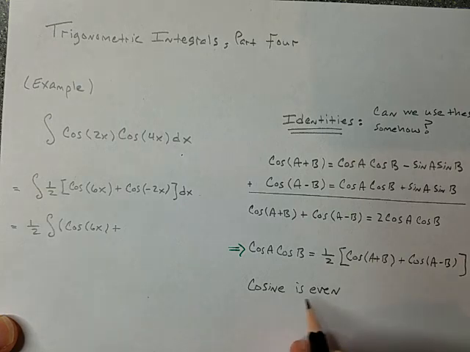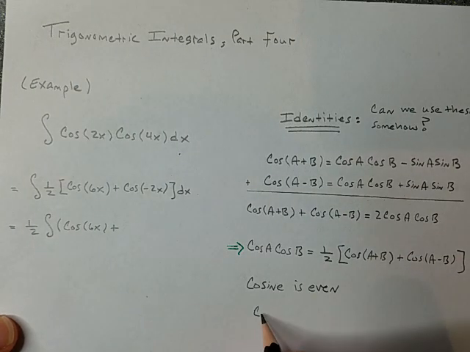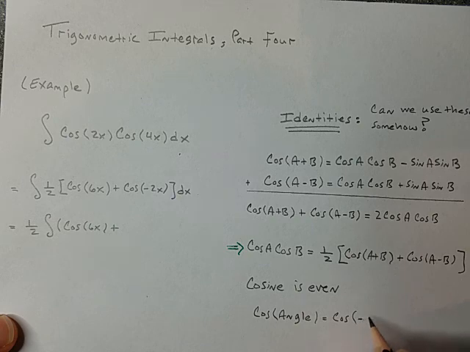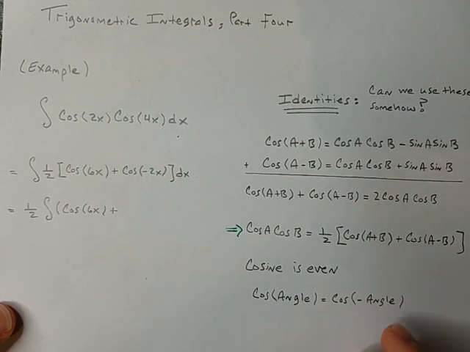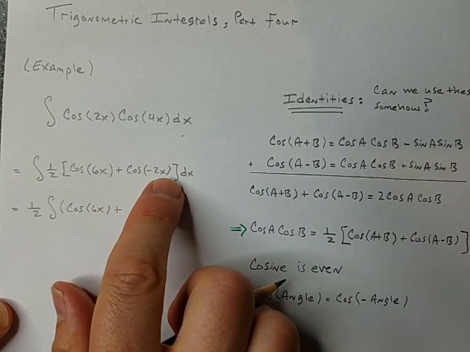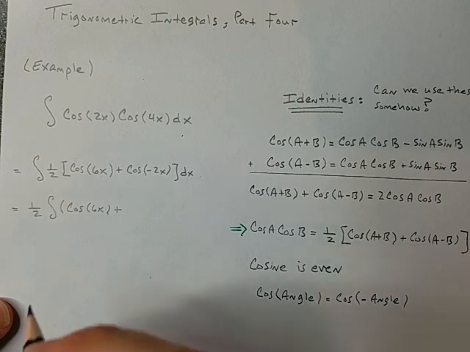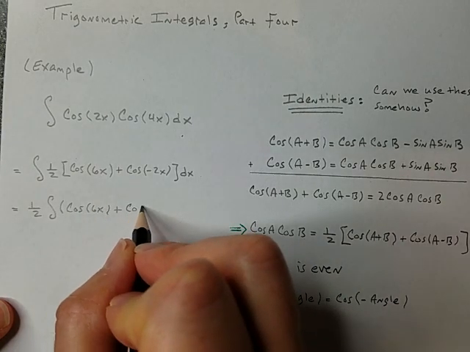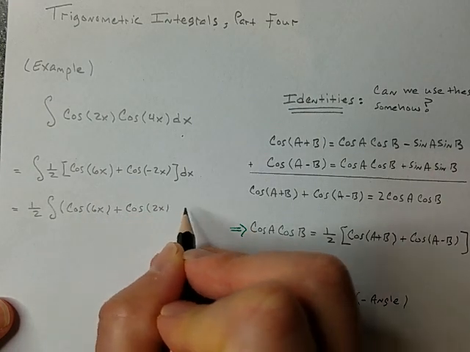What that means is if you take cosine of an angle, it's the same thing as the cosine of the opposite of the angle. So cosine of negative 2x is the same as cosine of 2x. And that would be a little bit simpler to work with, so we'll just do that.